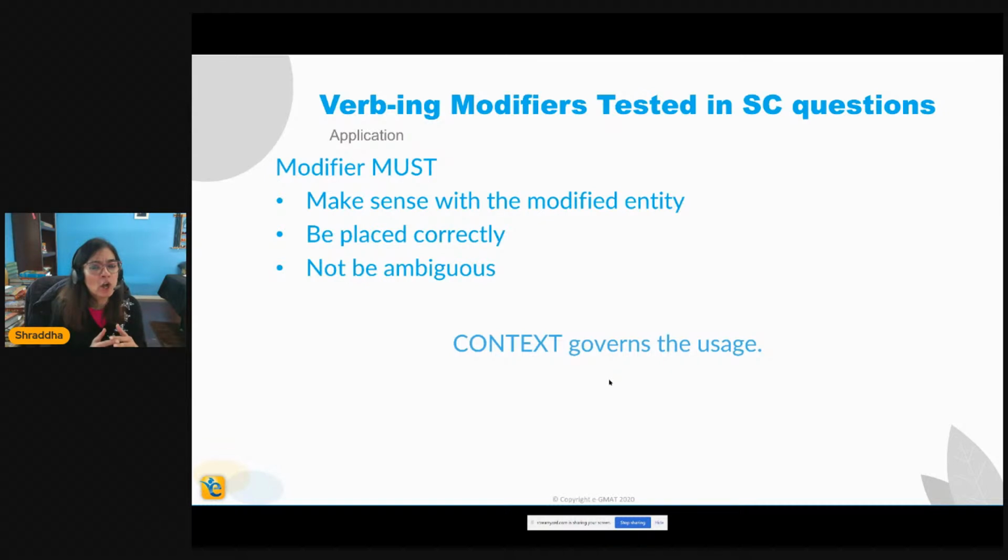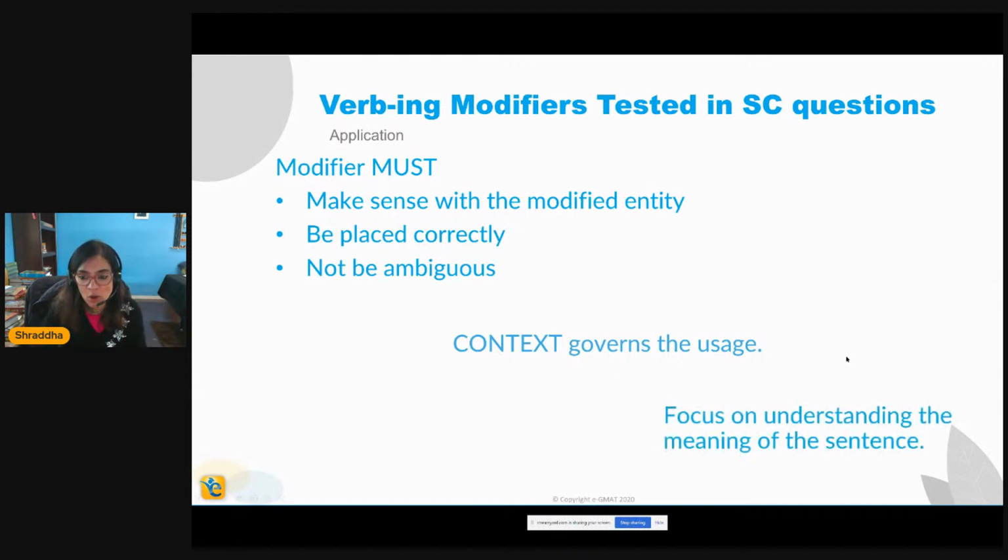Are we really talking about a noun in the sentence, or are we talking about a particular action? Depending on the context of the sentence, we will decide whether we need a noun verb-ing modifier or an action verb-ing modifier. So context is the key. Keep that in mind. Also, focus on understanding the meaning of the sentence, and that's when you can focus on the context.